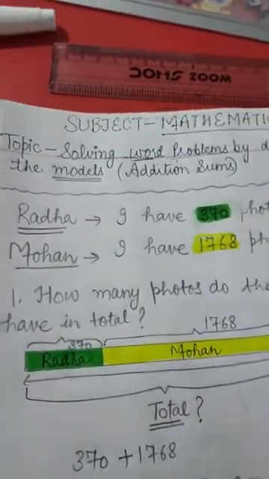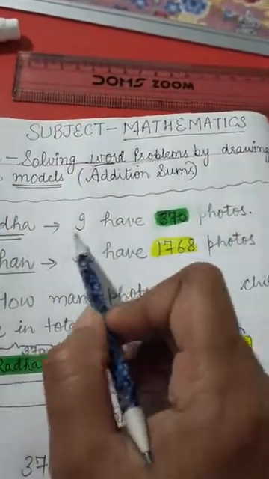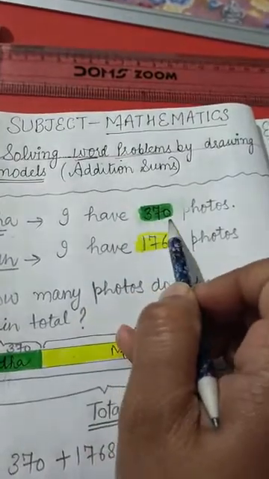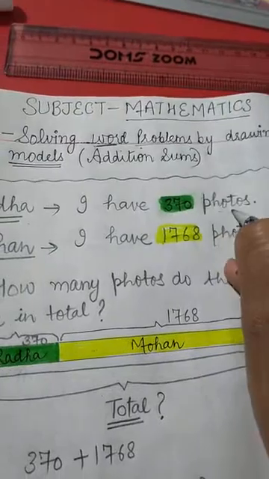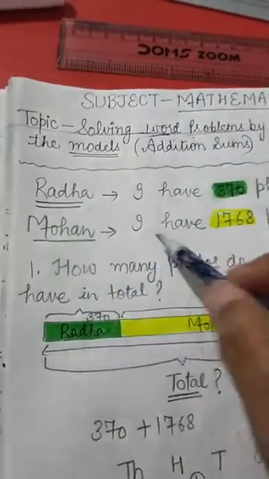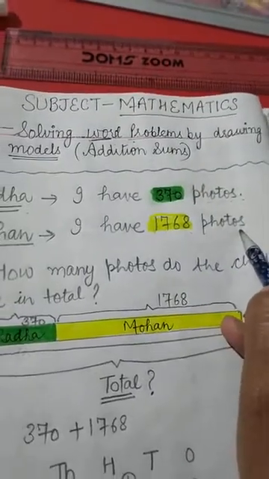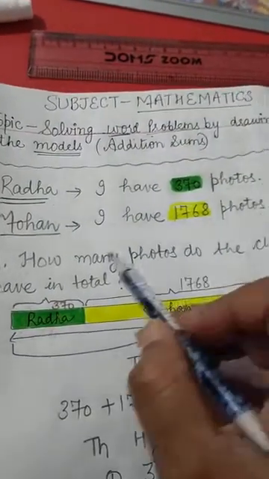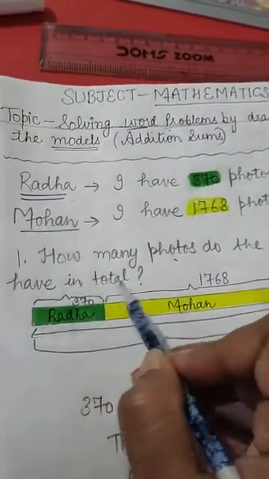For example, Radha is saying, I have 370 photos. And Mohan is saying, I have 1768 photos. The question asked is: how many photos do the children have in total?